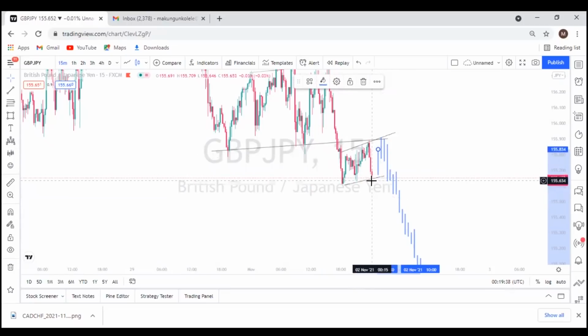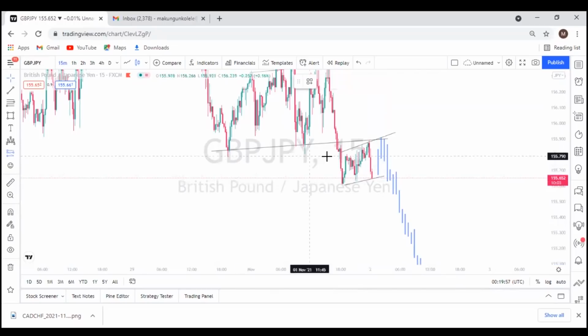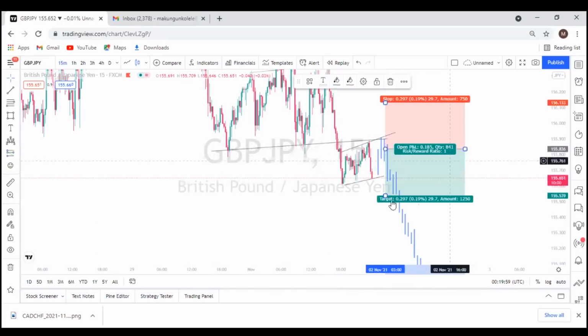start selling off from where it's at right now. It can just break out this support retest and go down. But then if that's the case, we're gonna take the retest and sell it. But then that is not in favor of my setup.